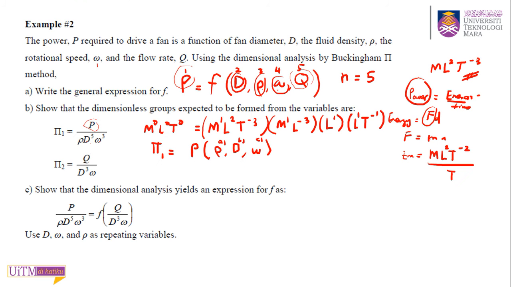This one will be M0 L0 T0, and for power it is M1 L2 T minus 3, and for rho it is M1 L minus 3.